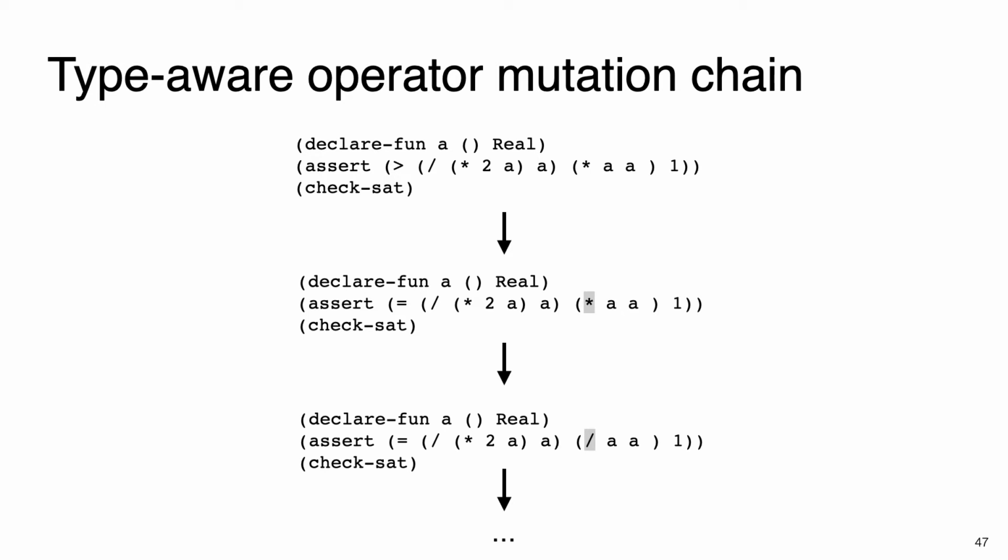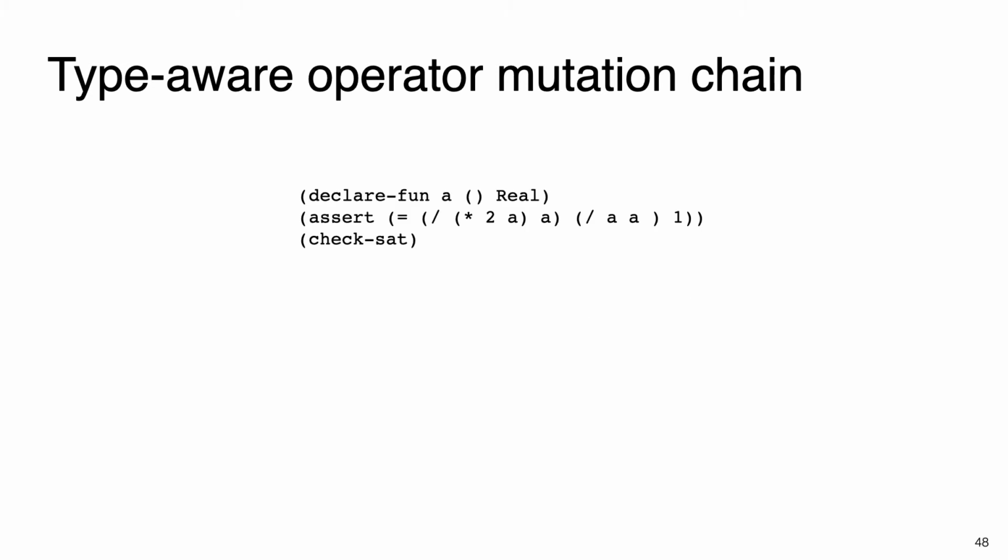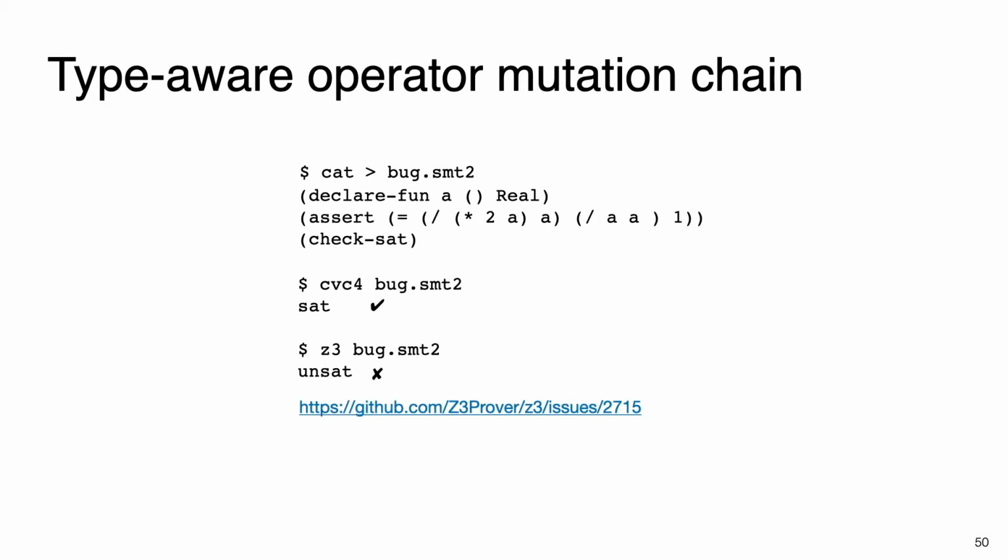This process could iterate arbitrary times. SMT solvers will be validated by cross-checking the results using the mutants on the chain. For example, by using this second-generation mutant for cross-checking the results of CVC4 and Z3, we found a soundness bug.